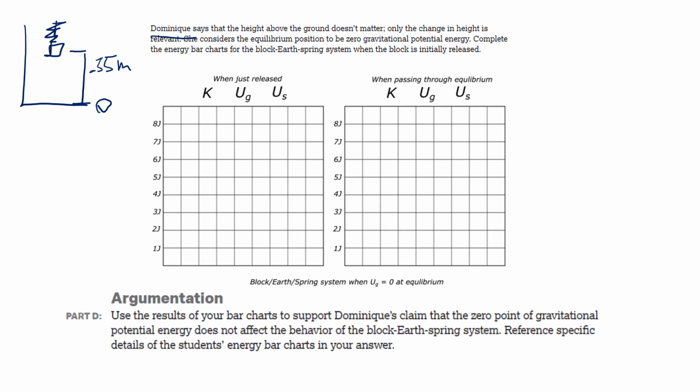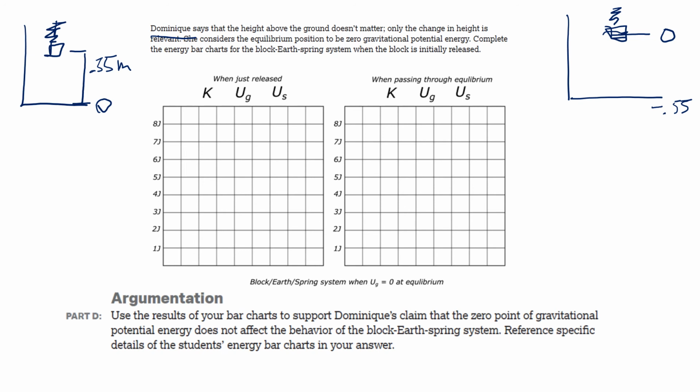But Dominique has a different strategy. Dominique says, no, the ground is not zero. The ground is negative 0.55. Instead, the equilibrium point, the 0.55 that we were thinking about, is now our zero. So she shifted her whole frame of reference down, basically.